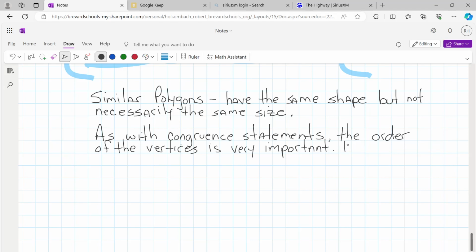It identifies the corresponding angles and sides.